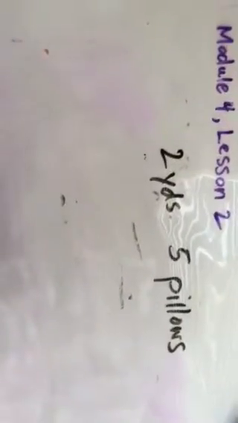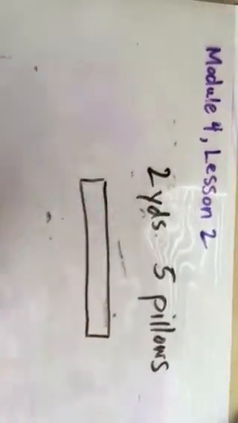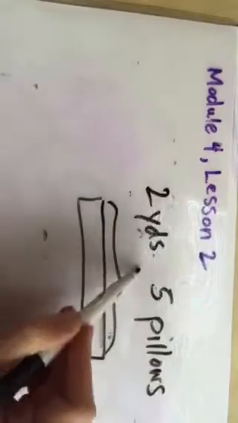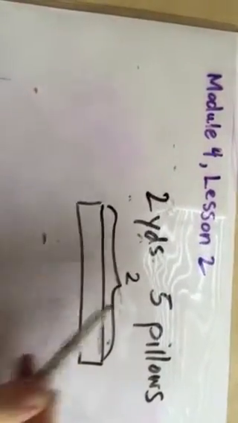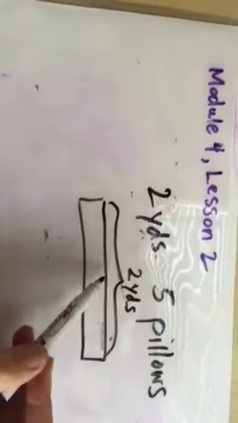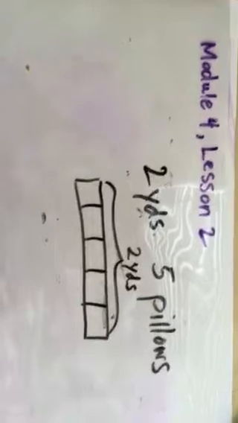How would I make that into a tape diagram? I'll draw my piece of tape, which is all my fabric. How much fabric do I have? 2 yards. But I want to make 5 pillows. I divide this into fifths.